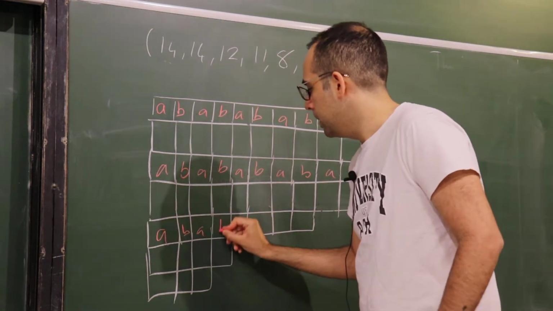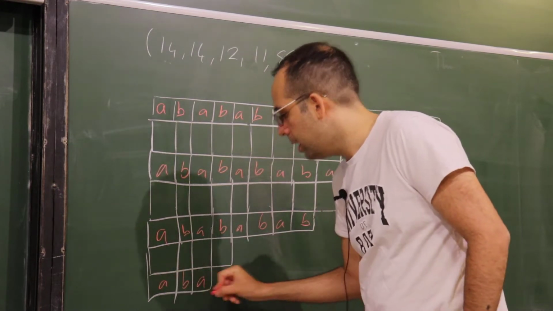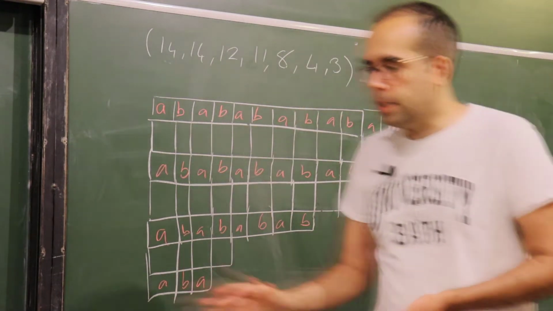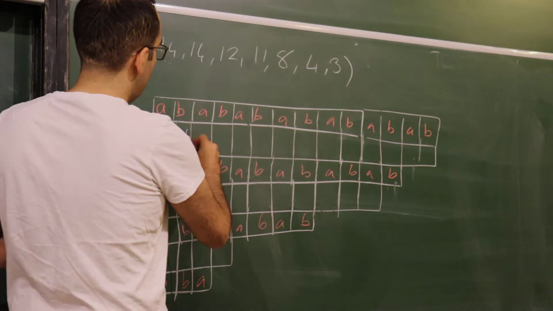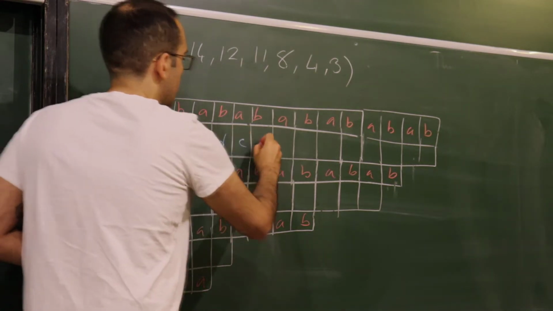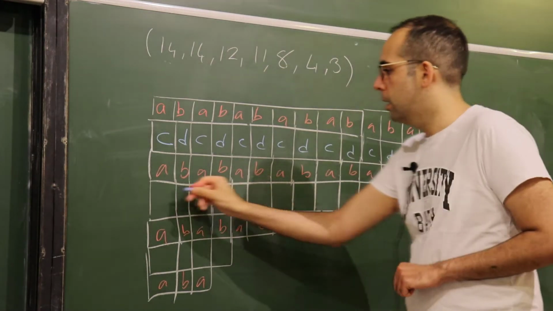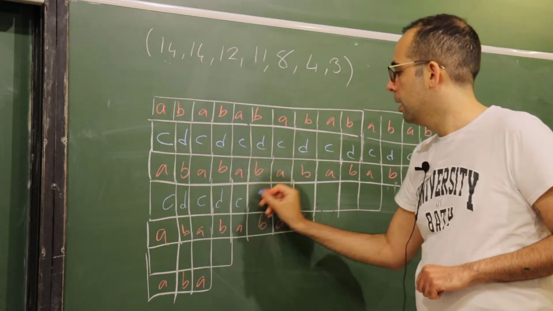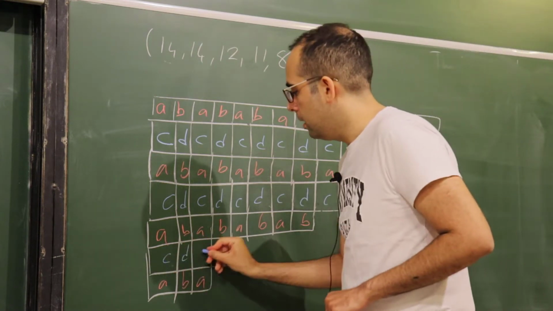A, B, A, B, and so on, and C, D, C, D, C, D, alternating C's and D's in the even index rows. So in the second row, in the fourth row, C, D, C, D, and so on.